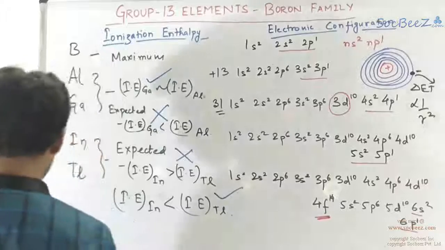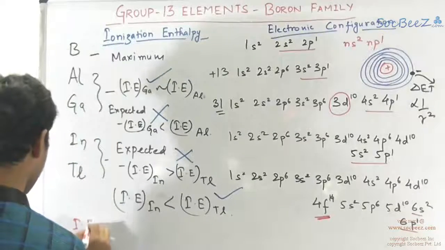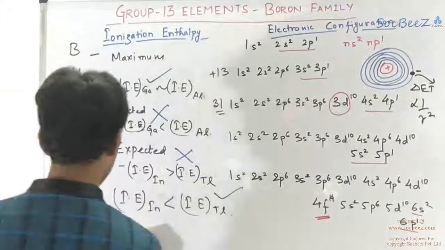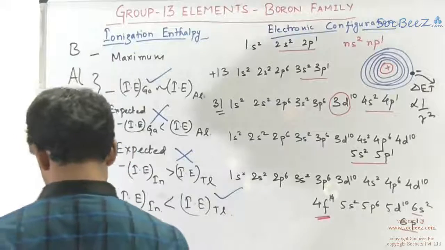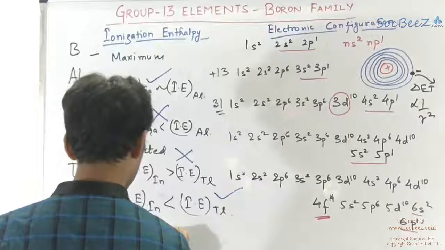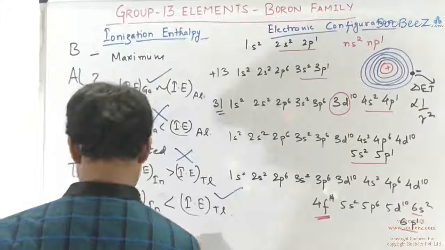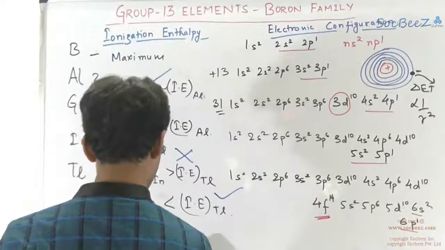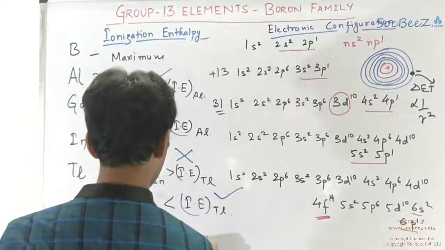Now, the actual trend in this case for IE is, the actual trend is boron. Boron has the highest ionization enthalpy. Then it is aluminium, the ionization enthalpy is 577 kilojoule per mole.